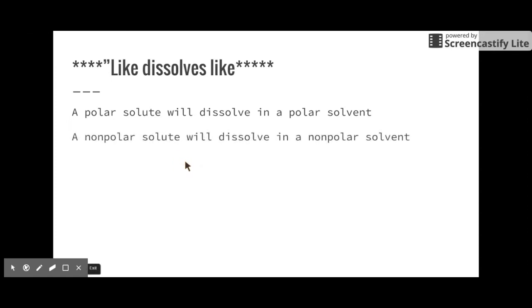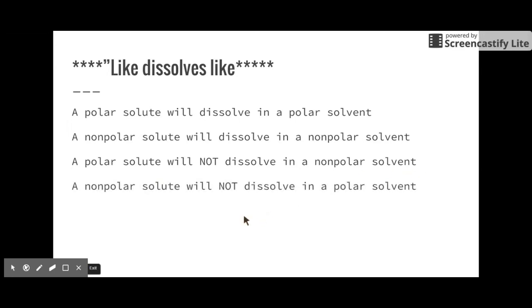A nonpolar solute will dissolve in a nonpolar solvent. So like dissolves like. However, non-like things can't dissolve non-like things. So a polar solute will not dissolve in a nonpolar solvent. Likewise, a nonpolar solute will not dissolve in a polar solvent.